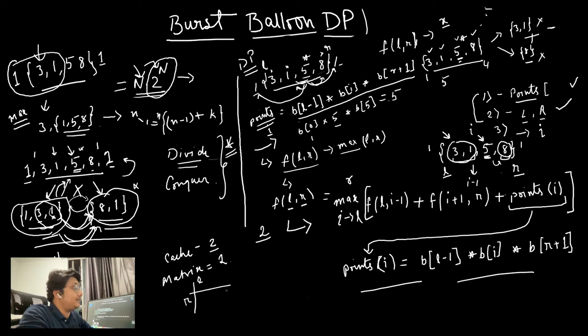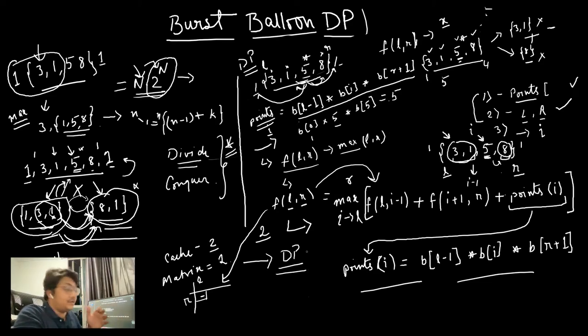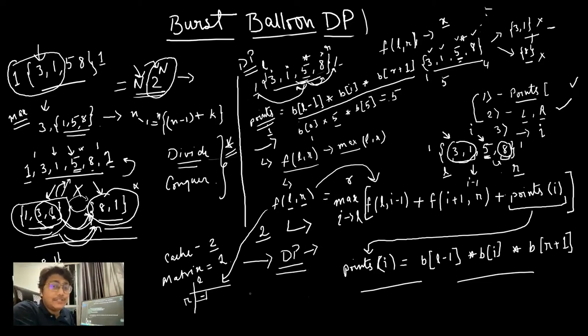This way, at any point in time, if you see that the subproblem is already solved, which means you have already found a solution for a given L and R, instead of calling the recursive function again, you can just refer to this memo in your table, and this will give you the result. Now, this lookup will save some time, and hence the solution will become a dynamic programming solution instead of a pure recursive solution.